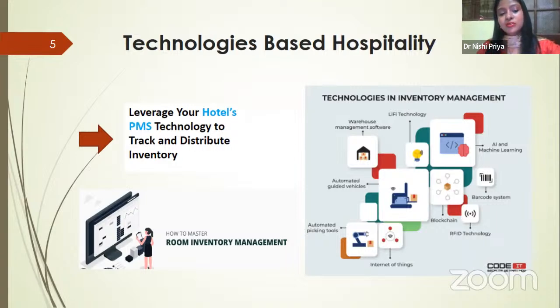Blockchain technology is also a very advanced database mechanism, which technology-based hospitality utilizes for making information transparent. For the purpose of getting transparency of information, blockchain technology is being used. Transparency of information, a big example is Bitcoin.